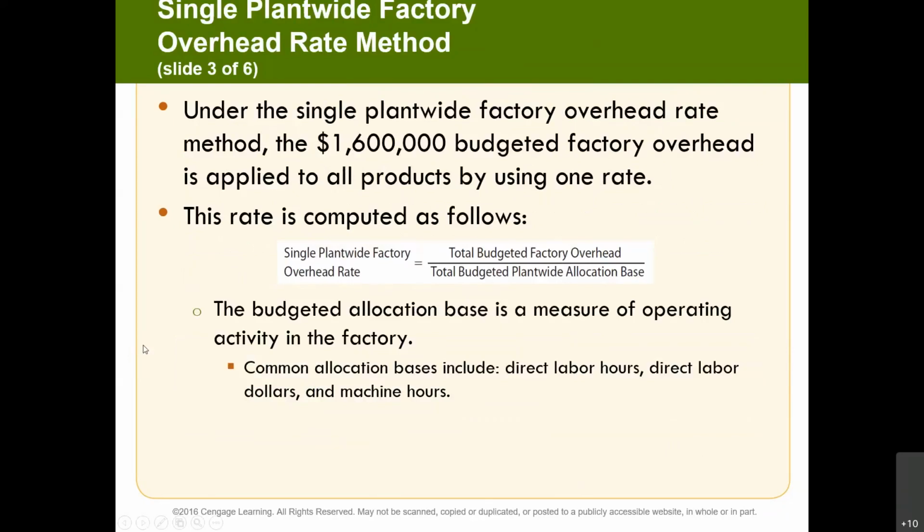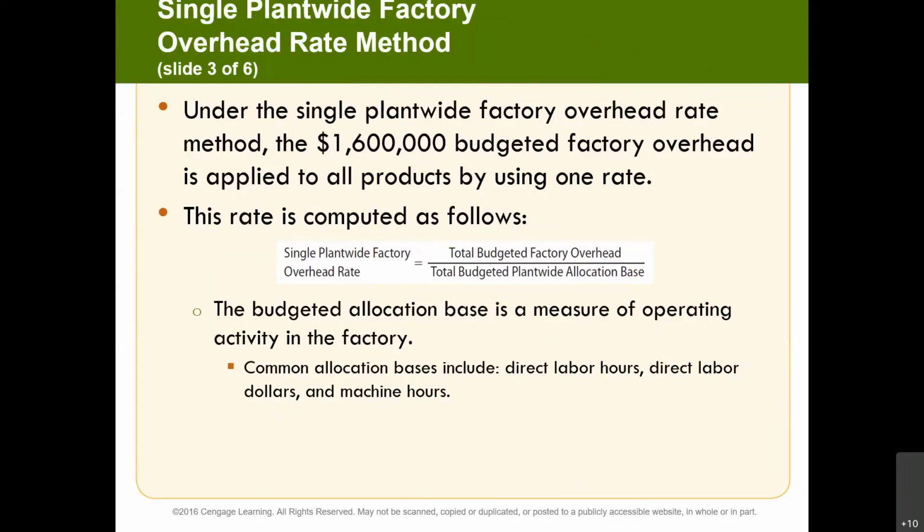So under the single plant-wide method, we take the $1.6 million, which is our total budgeted factory overhead, and we divide that by the budgeted plant-wide allocation base to get the single plant-wide factory overhead rate. So I can already hear you, Dr. B, what is a total budgeted plant-wide allocation base? Well, the base is a measure of operating activity in the factory.